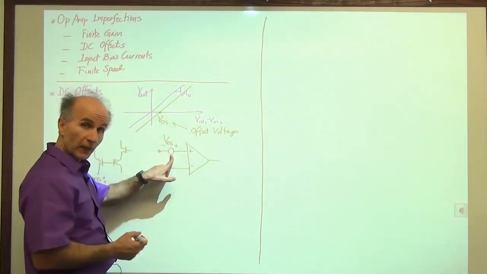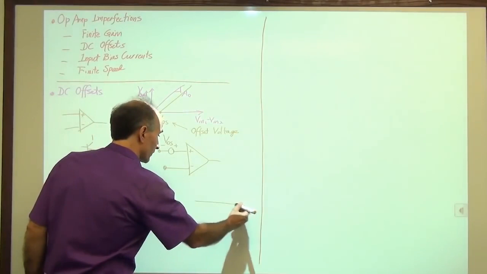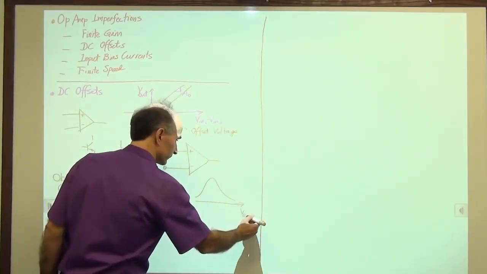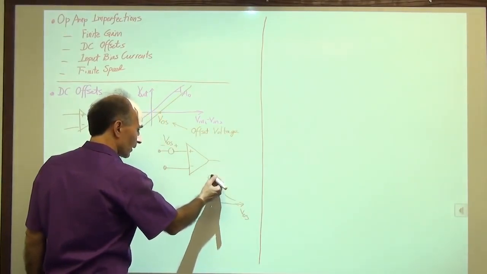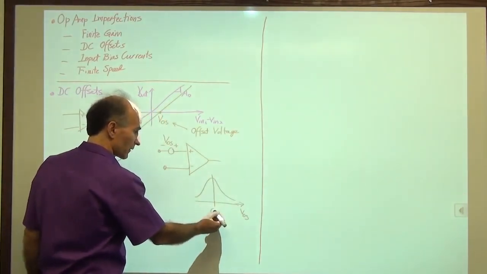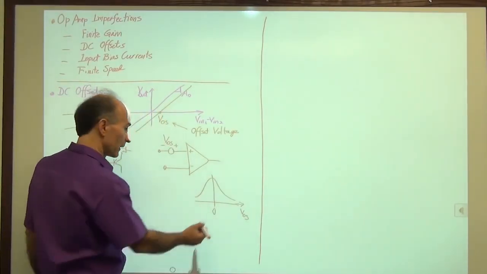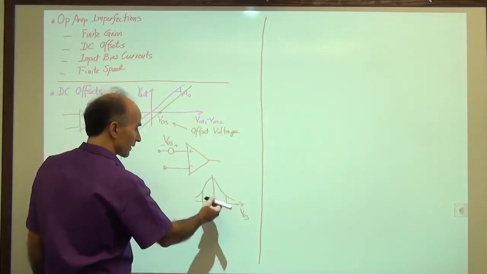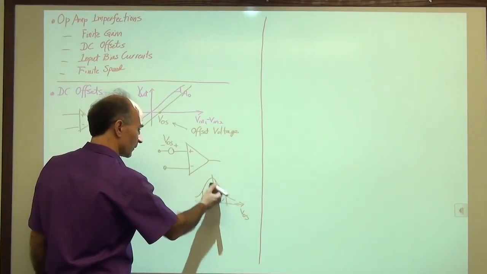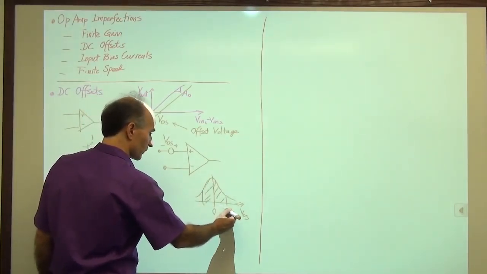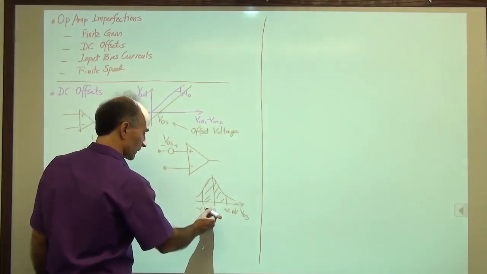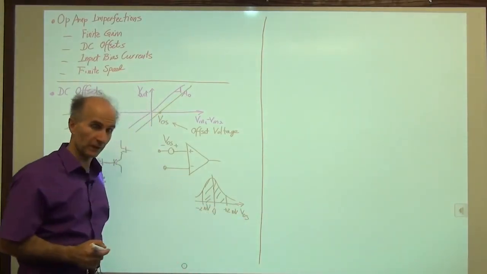So that's what we really mean by this. There's a Gaussian distribution here for the offset voltage. The average is 0, the mean is 0, and then we have some distribution. When we did the measurements, most of them were over here, from plus 2 millivolts to minus 2 millivolts.